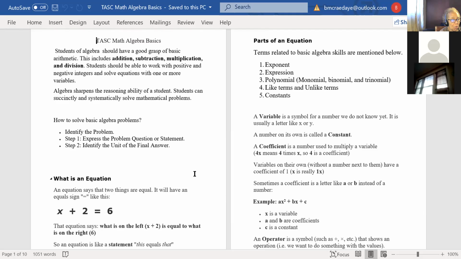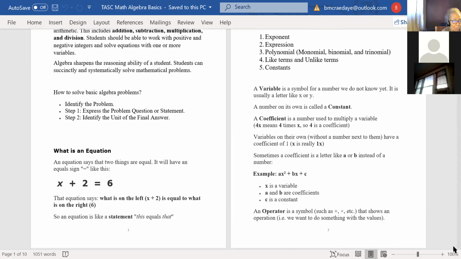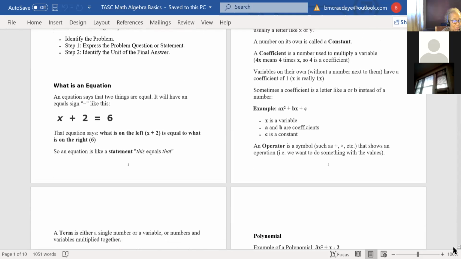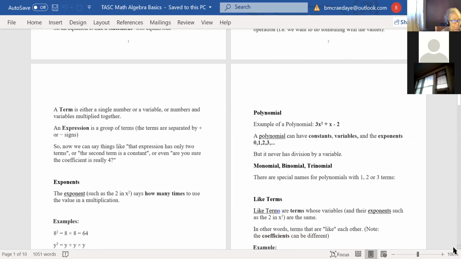Now, have you heard the term polynomial? What do you think it means? You've heard the term, and it could be monomial, one term, binomial, two terms, trinomial, three terms. Here are some examples here.